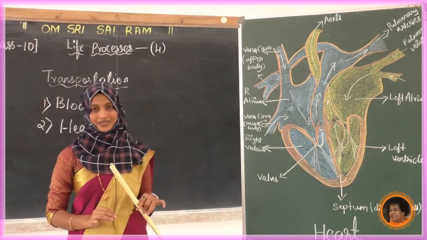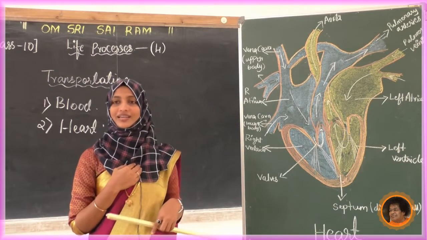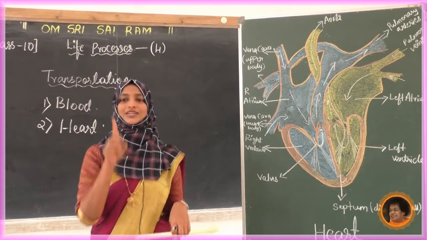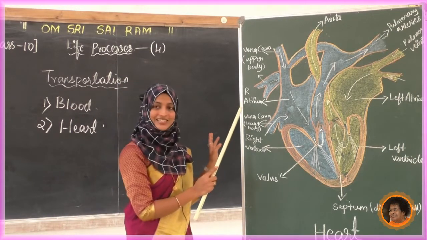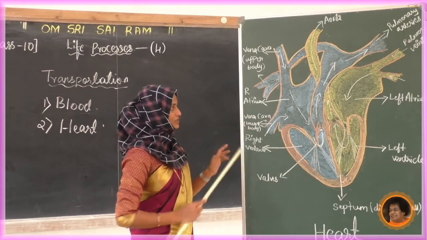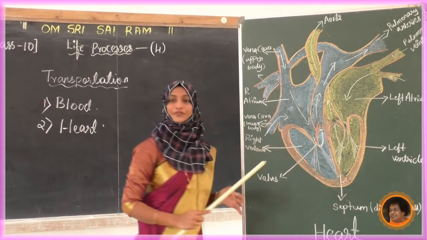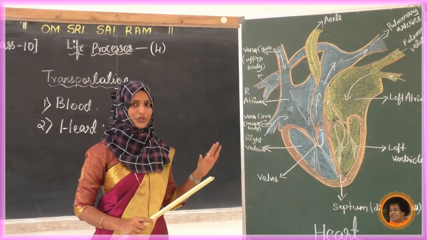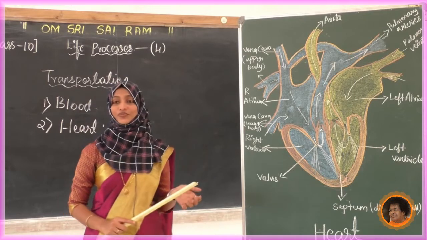In our heart, because we are human beings, we have a 4-chambered heart. So we come to know what the 4 chambers are: the right atrium and right ventricle on the right side, and here the left atrium and left ventricle. Come to know, no? Next we will see the connections of this.